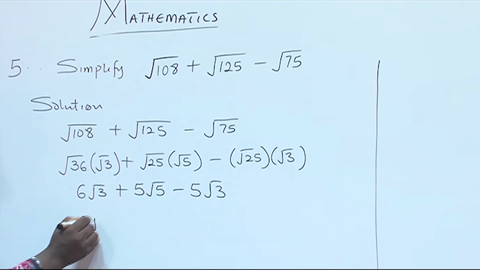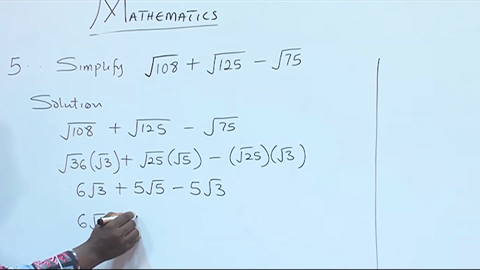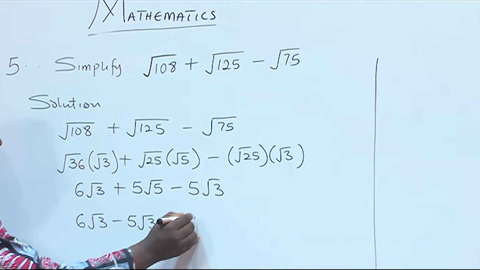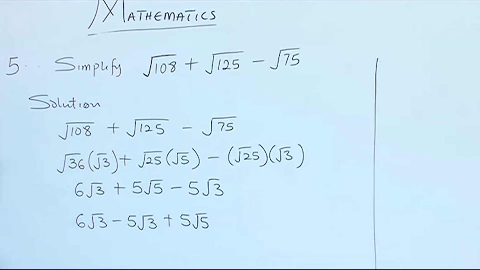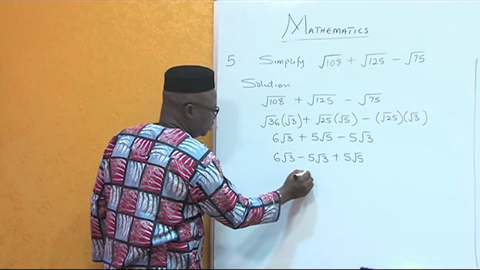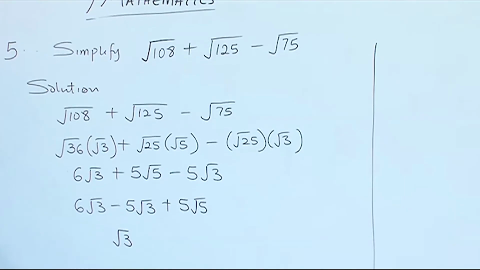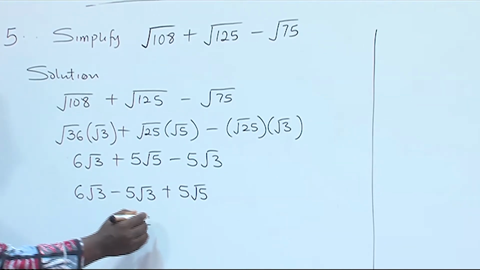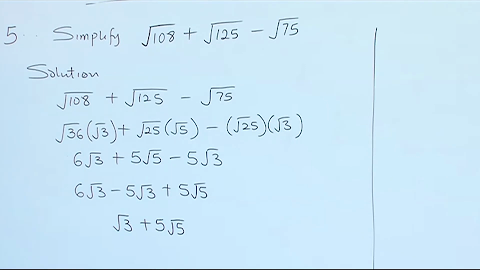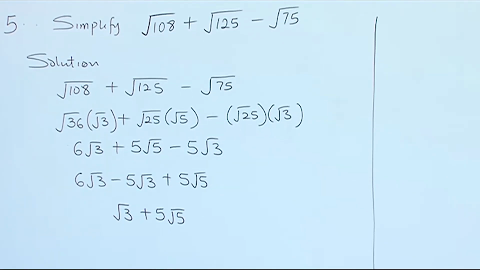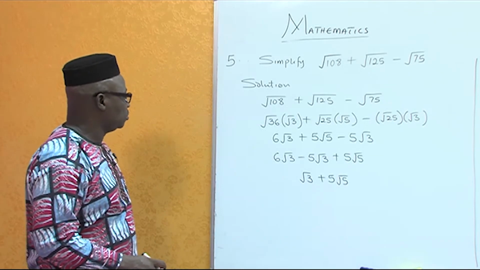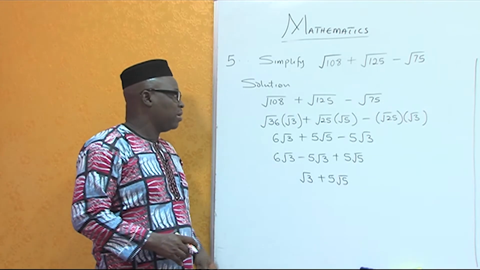So we have 6 root 3 minus 5 root 3, then plus 5 root 5. So 6 root 3 minus 5 root 3 is just going to be root 3. Then we now have plus 5 root 5. So at this point, there's nothing we can do again. We have been able to simplify the expression, so we can put our results down.